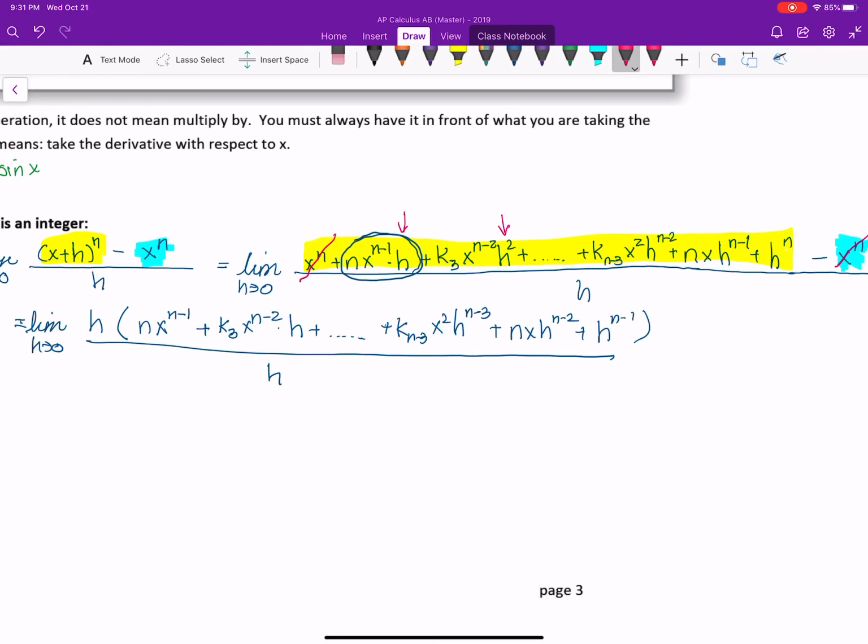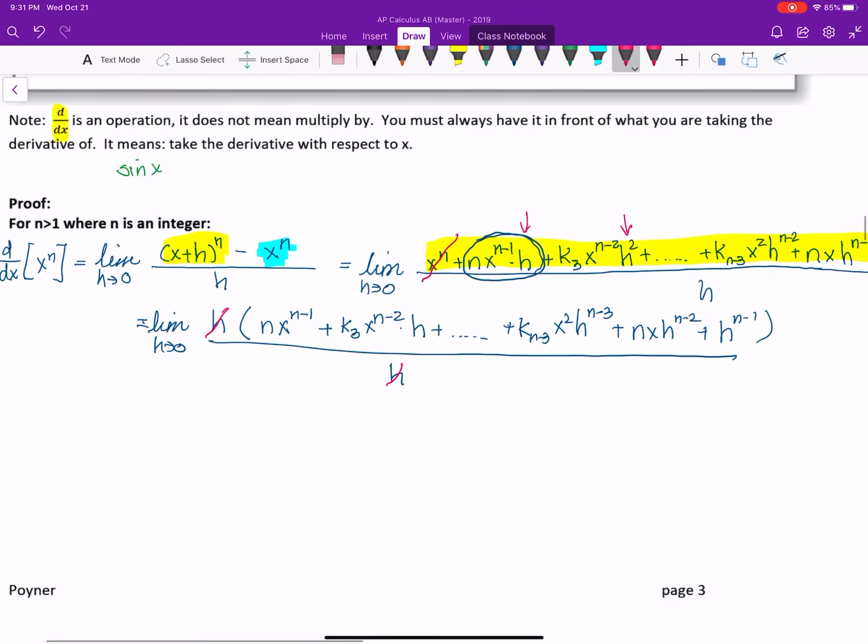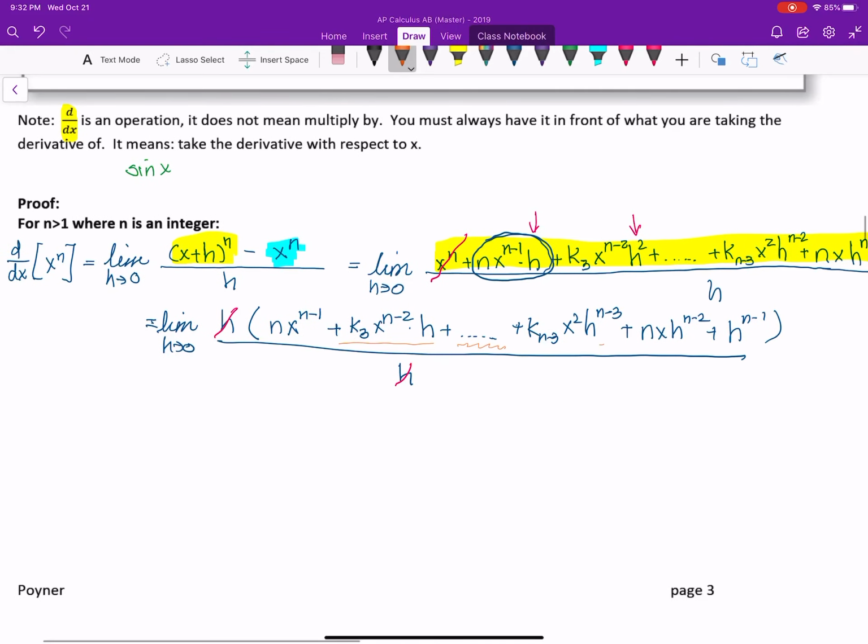Now the h's cancel out. So now we're left with everything just in the numerator. Now I'm going to apply the limit as h approaches 0. Any term that still has an h in it, for example, this one, all these middle terms in between, this one has an h, this one has an h, this one has an h. All of those will approach 0.